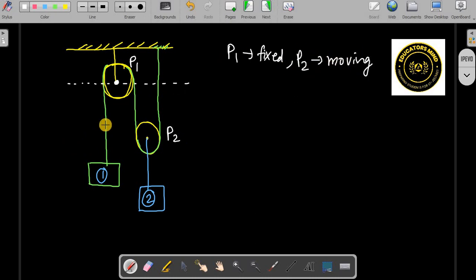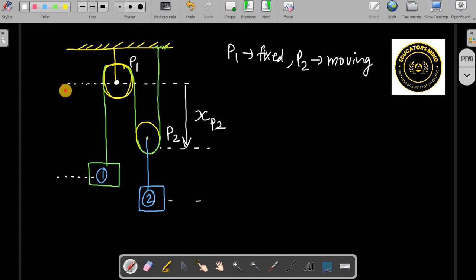So for anything which is moving, we will write its relationship like displacement and all that. So let's write from the fixed point. We have made this fixed point P1. So this is the position of P2.